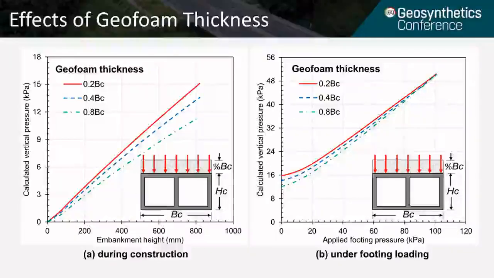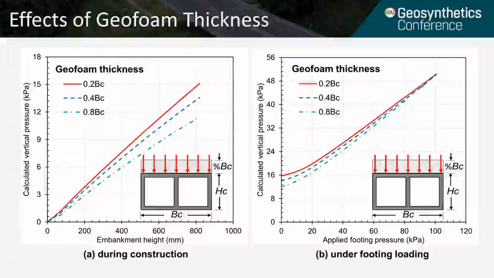So, proceeding with the results of our numerical analysis, in this slide we are showing the effects of geofoam thickness on the pressure distribution, or the vertical stress distribution, on the buried structure. On the left side of this slide, we are showing the behavior during construction.